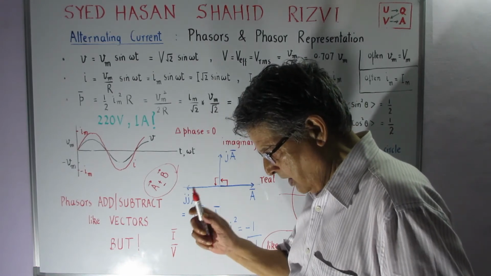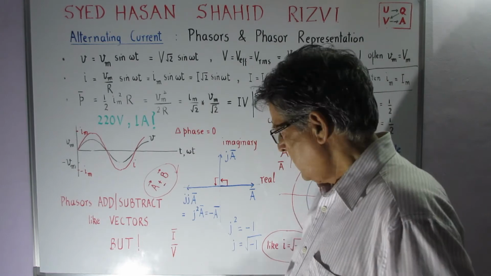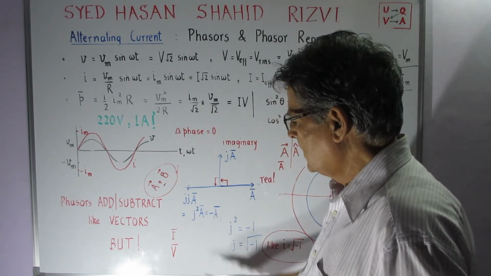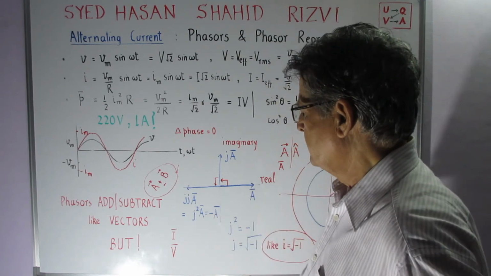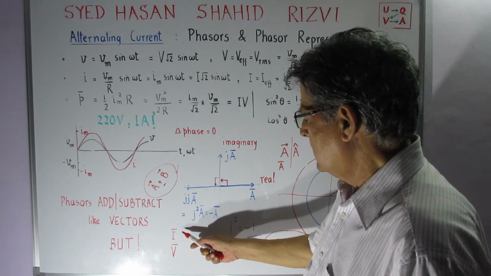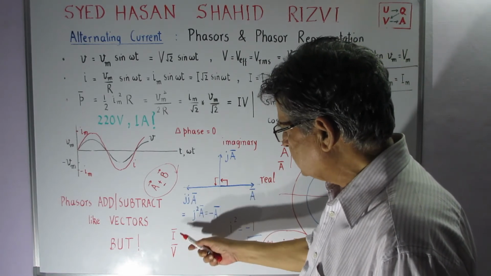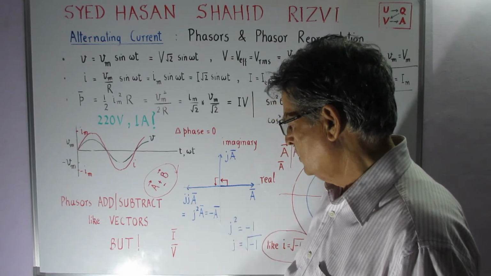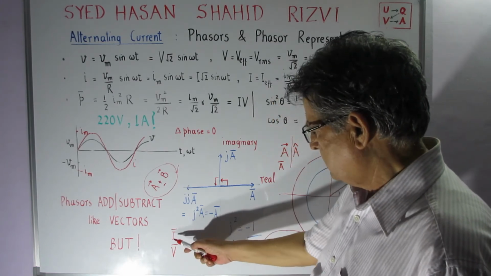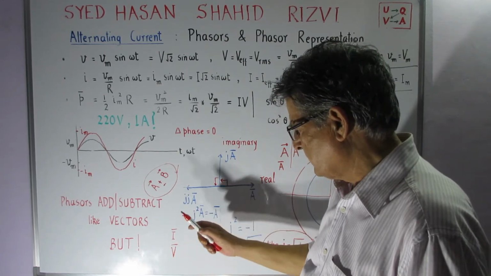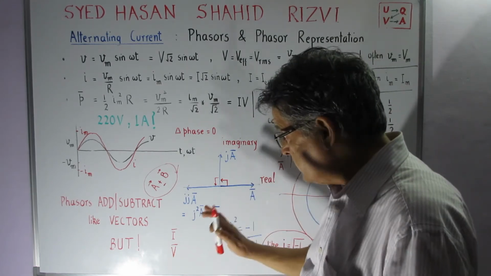We should be always vigilant, and we should not fall in the trap of adding phasor I to phasor V, or subtracting phasor V from phasor I. So this is a very important aspect.